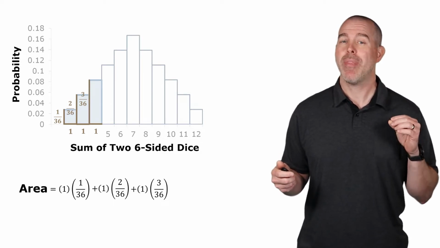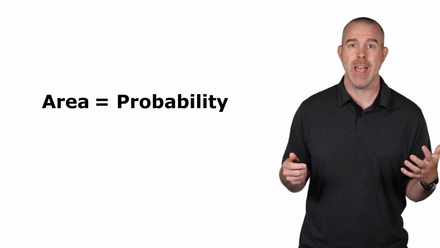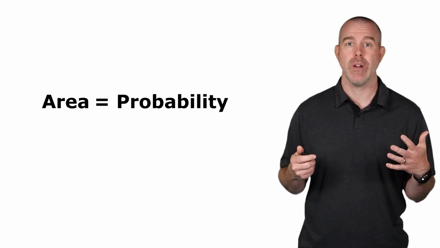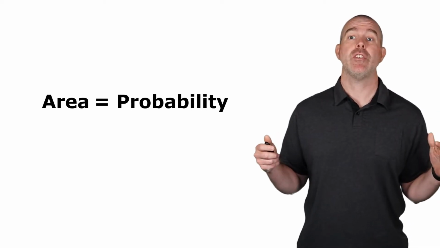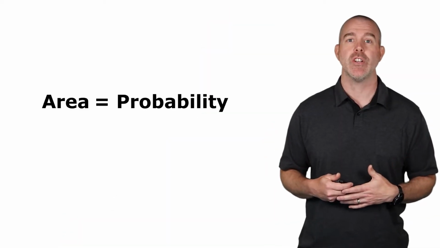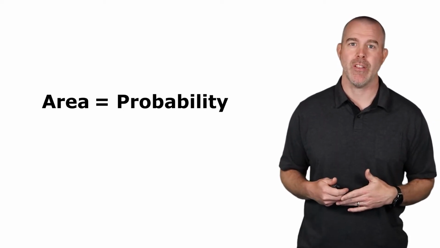So if we add up the areas of those rectangles, we get, of course, the same thing, but this area being probability is really important. And this is going to be the foundation for pretty much the rest of the course. The area underneath the probability density function is the probability of your variable being in that particular interval.